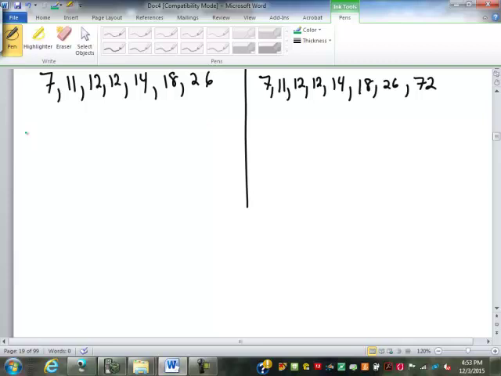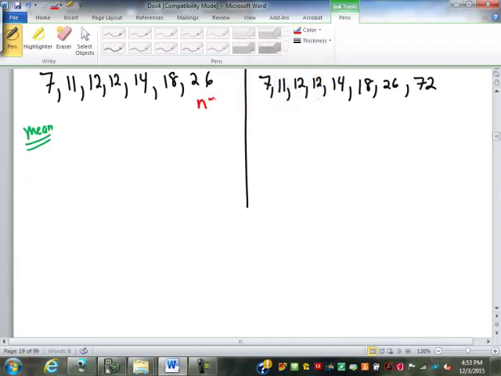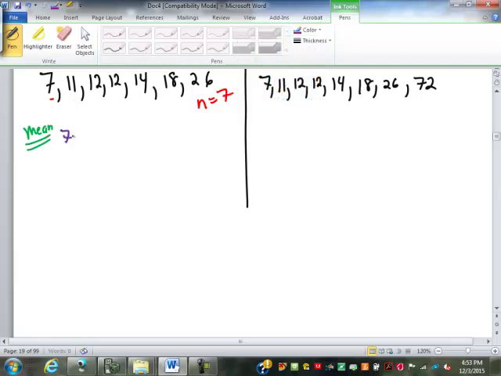Let's find the mean for this set of data. How do I find the mean? First of all, what's n equal for that set of data? 1, 2, 3, 4, 5, 6, 7. N equals 7. So to find the mean, I'm going to add them up. 7 plus 11 plus 12 plus 12 plus 14 plus 18 plus 26, which comes out to be 100.